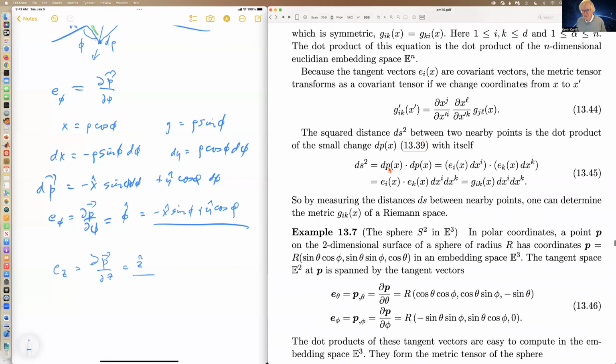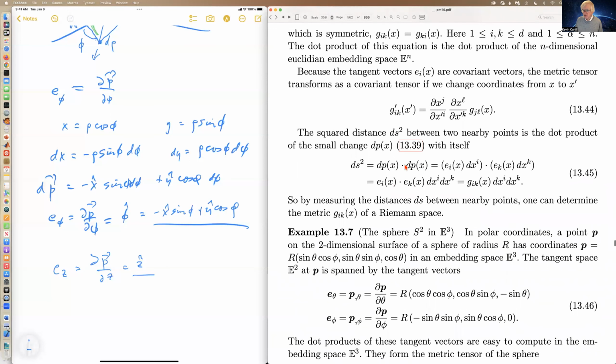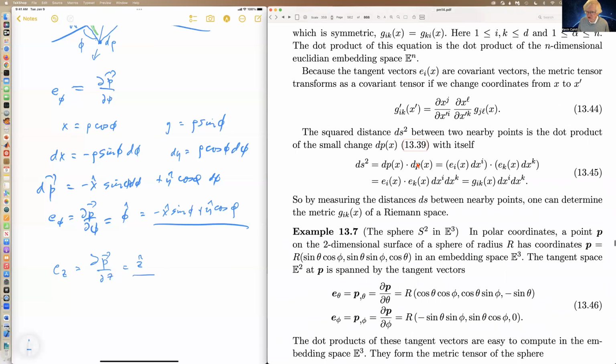Let's suppose we just take the dot product of two changes in the physical points. So this is E_i dx^i dotted into E_k dx^k. That is going to be dx^i dx^k, and then the dot product of the two E's. And that dot product is what we call the metric of space-time.